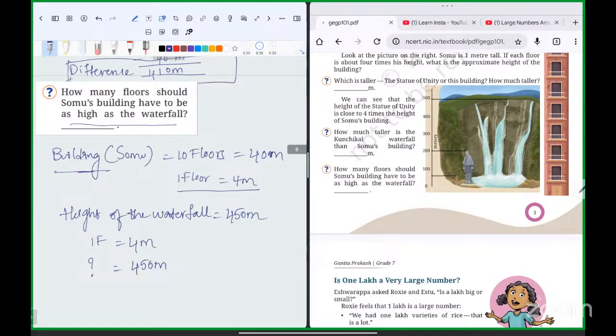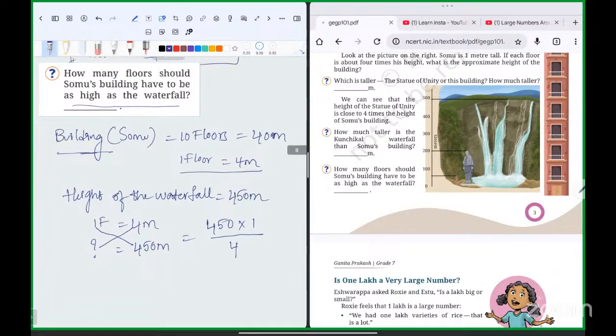So you just need to cross multiply and divide, which is 450 into 1 divided by 4, where we will be getting the resultant answer for our question.